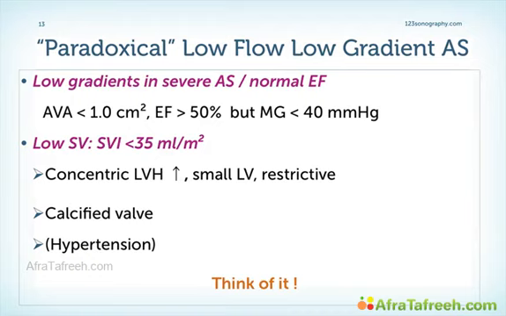So the most important thing in clinical daily life is to think of paradoxical low flow aortic stenosis when you see a patient with a severely calcified aortic valve and a calculated valve area below 1, even if this patient has only a low mean gradient.